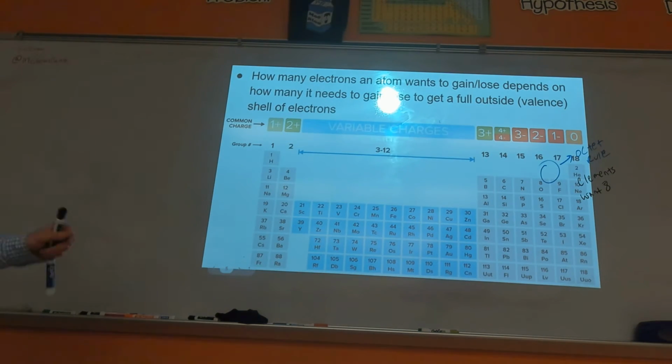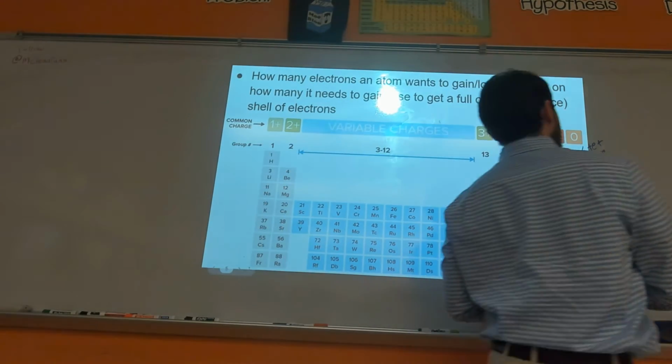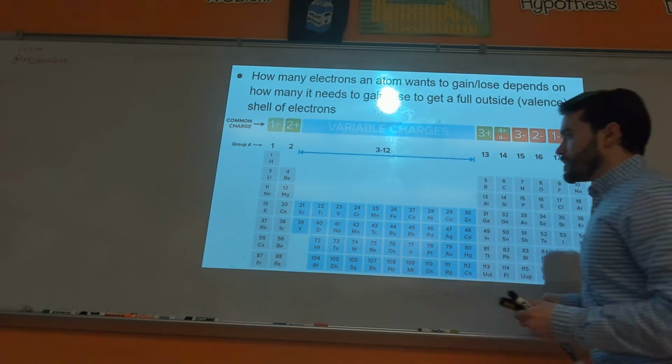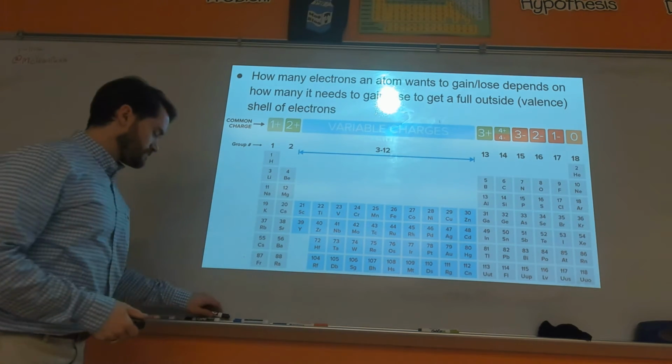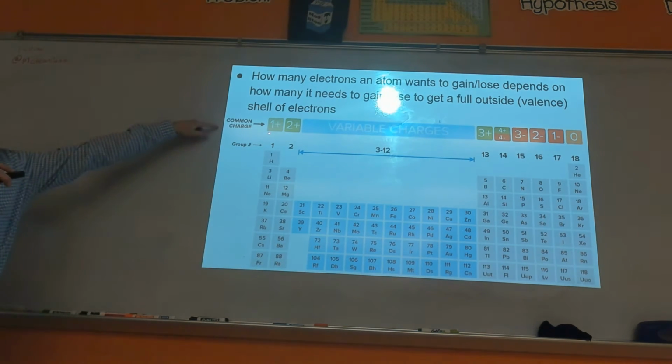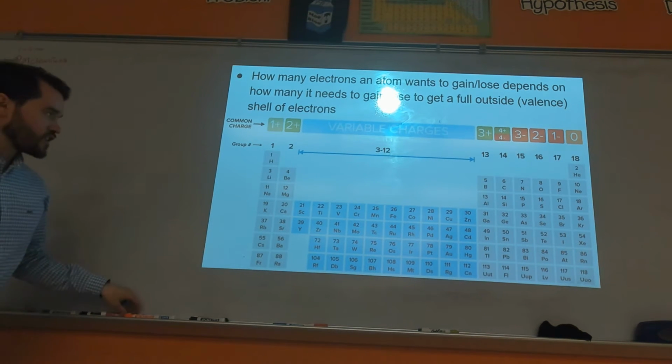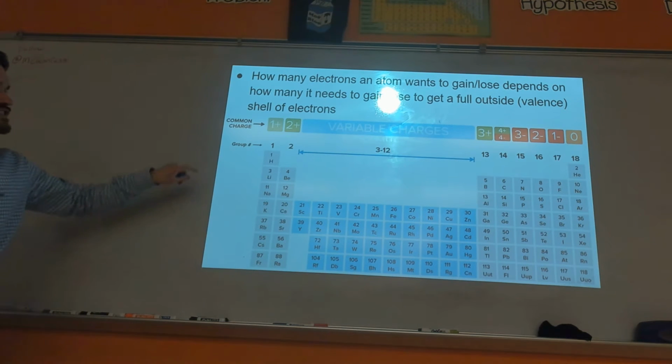Okay, now related to the number of valence electrons is the kind of ion that elements will form. So if you are in this first group here, you're going to form a +1 cation. The reason for that is on the last slide, I said that everything in group 1 had 1 valence electron.